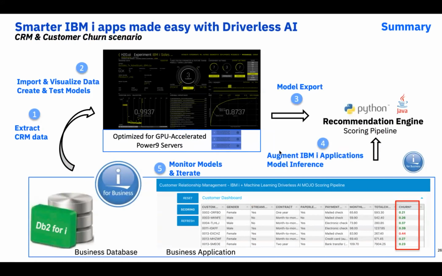The reason we might want to do this is to get more accurate and faster results and insights from this data, where you may not have data scientists working on this solution, but you do have the ability to use Driverless AI with all its expertise built into the product.